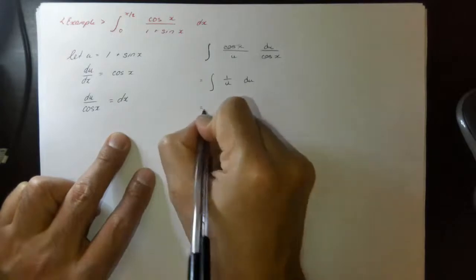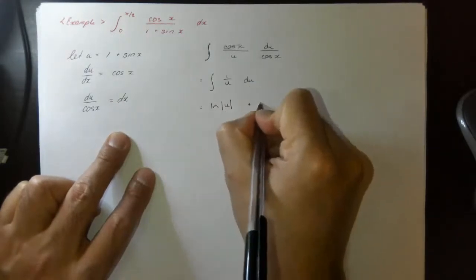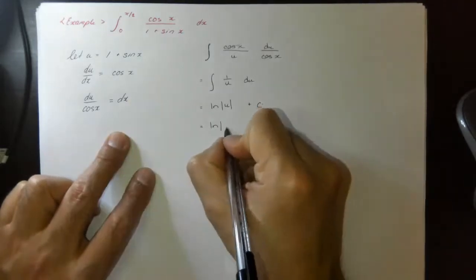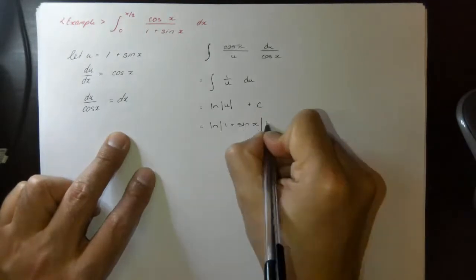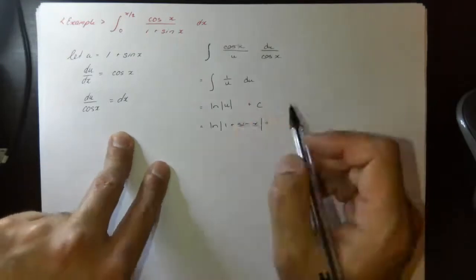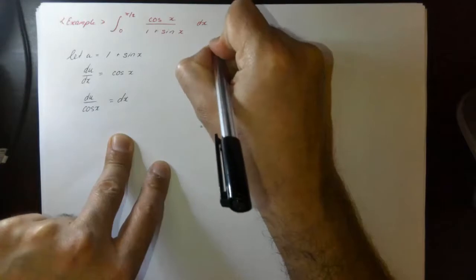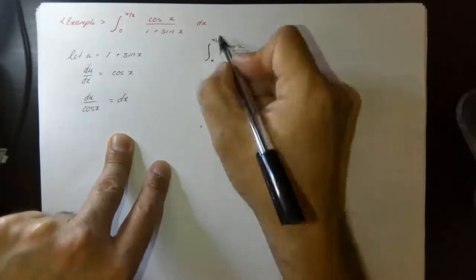Well, 1 over u is just log of the absolute of u plus c. Resubstitute that back in for what u is. So we get 1 plus sine x plus c. Actually, we don't need the c because we actually have these actual variables.